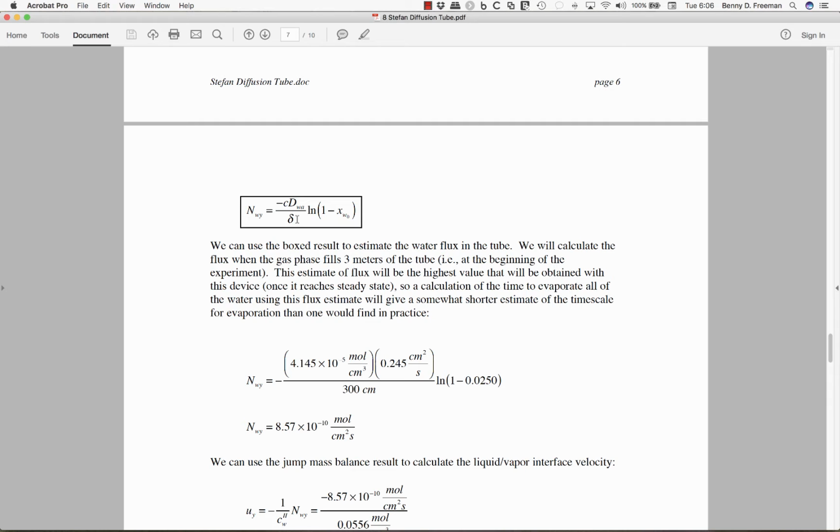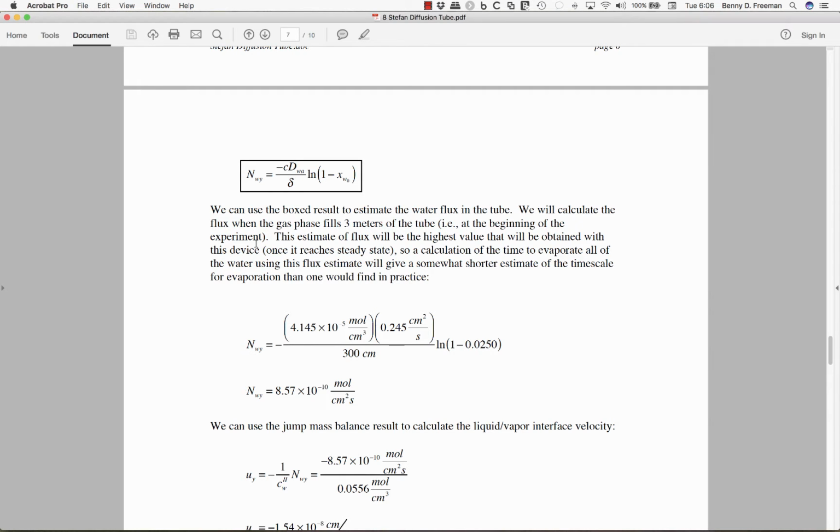As the evaporation goes on, the distance delta will increase, all the way up to 3 meters and 15 centimeters at the end of the experiment, when all of the water is evaporated, because they have 15 centimeters of water and 3 meters of air in the tube above it. So the total tube length is 3.15 meters.